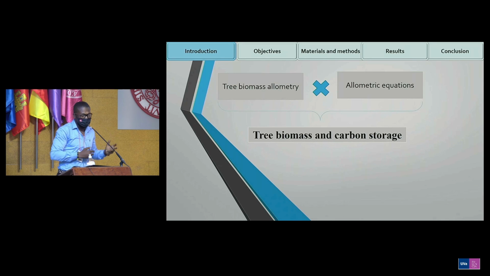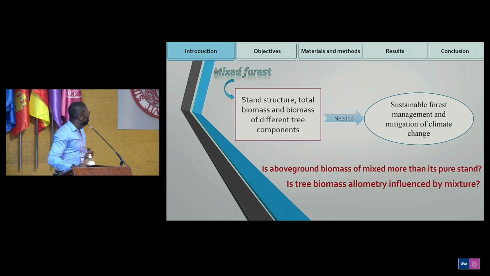It is very important to have an idea about the stand structure and also the total biomass for the whole aboveground biomass, and the biomass of the components. When we say components, it means the branches and the leaves, in order to provide sustainable forest management and a mitigation action towards climate change.